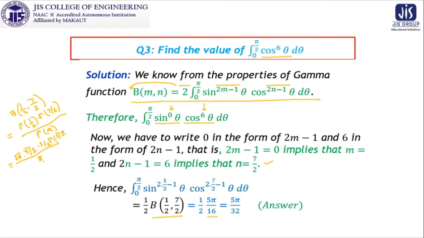In this manner, gamma 3 by 2 can also be written as 5 by 2 will be there, 3 by 2 will be there, then it will be half gamma half. So this half gamma half is root over pi.